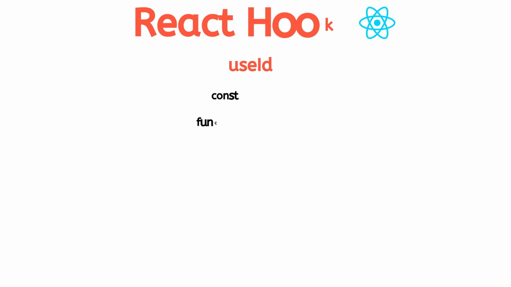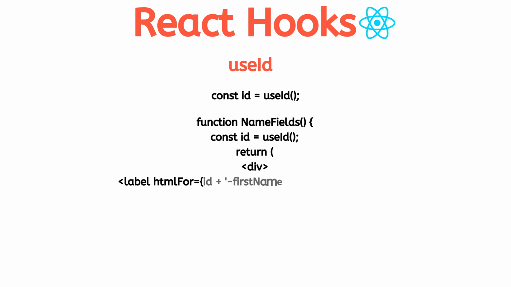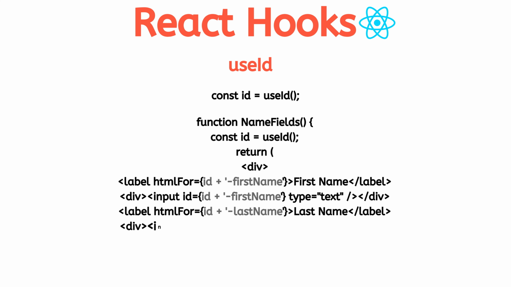So the next one is useId. You can define it like const id equals useId. Basically, it will generate a unique ID every time we use this particular ID. This is useful if you have a scenario on your web page where you have two different text boxes, one for first name and the second for last name.